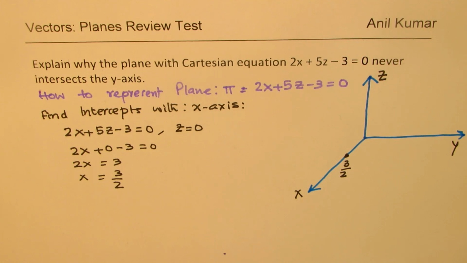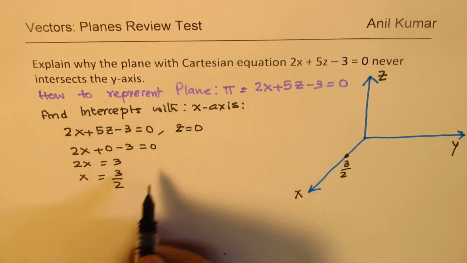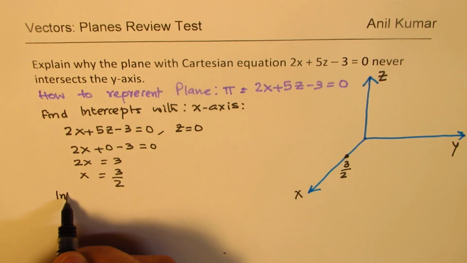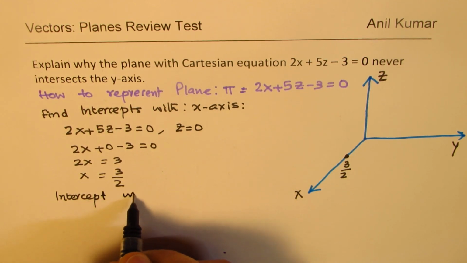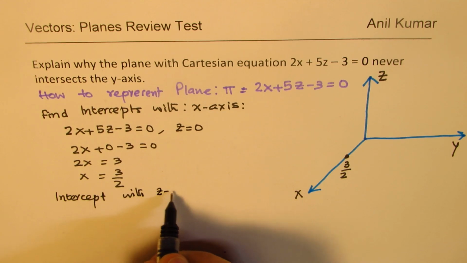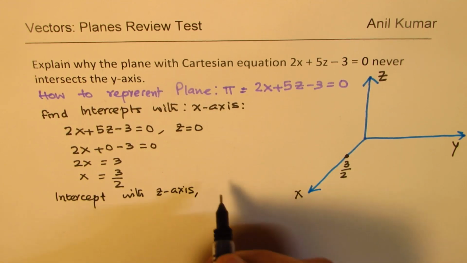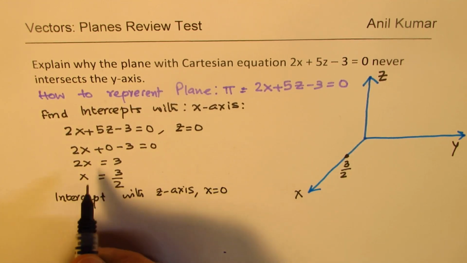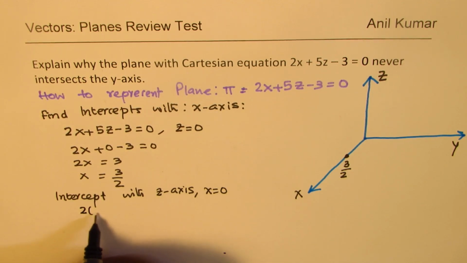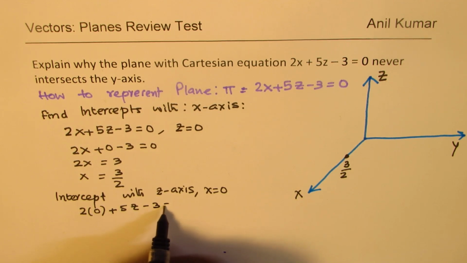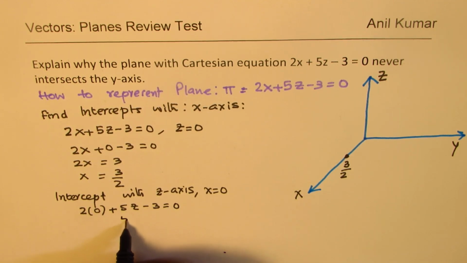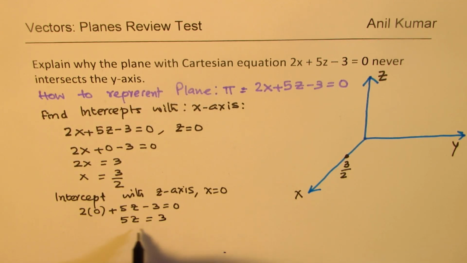Now, let us find also the intercept with the z-axis. So in that case, I'll put x equals 0, correct? So in our equation, we'll write 2 times 0 plus 5z minus 3 equals 0. So that gives me 5z equals 3, or z equals 3 over 5.